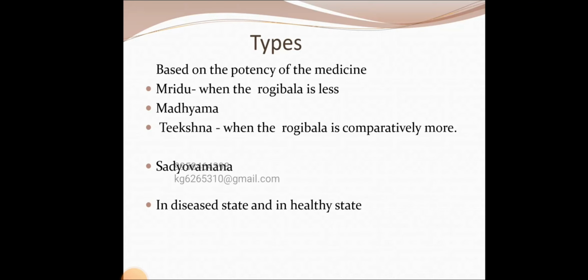Also, sadyo vamana is a type in which mridu shodhana is done. We give sadya snehana to the patient and directly go for sadyo vamana. Also, in your syllabus there is the utility of Vamana in health and disease: in the diseased state we can do Vamana, and also in the healthy state.